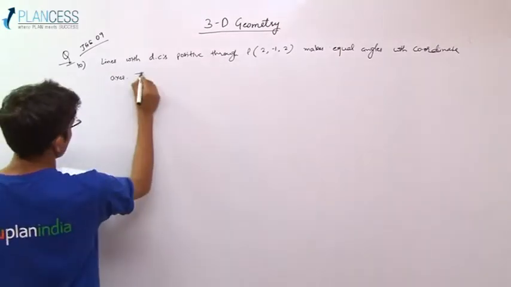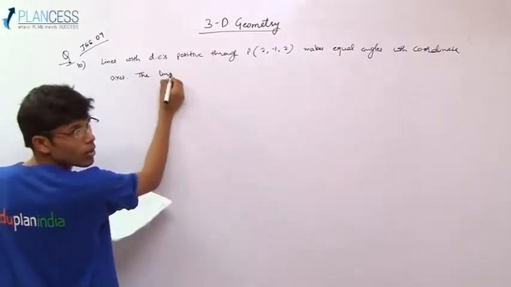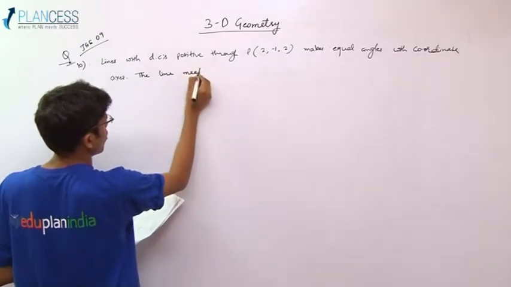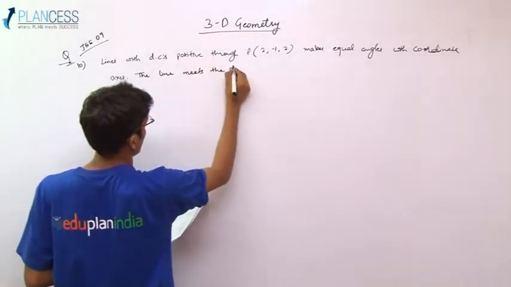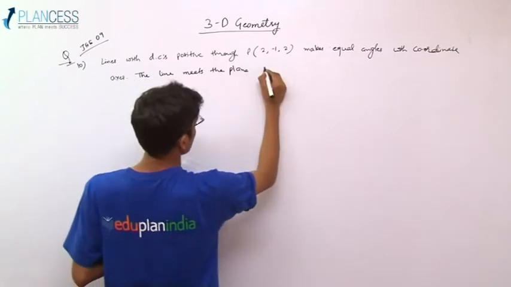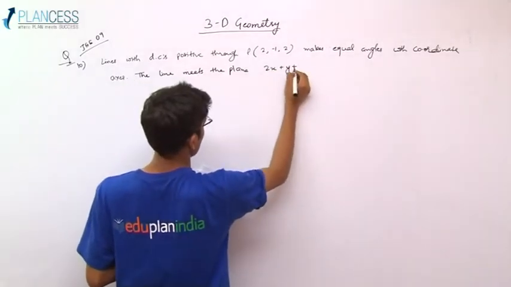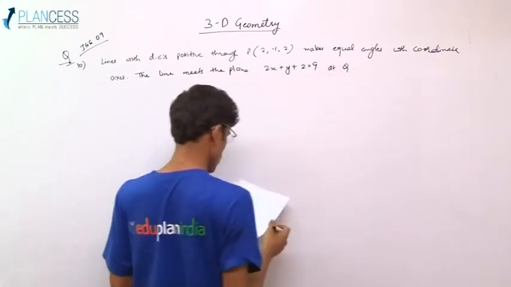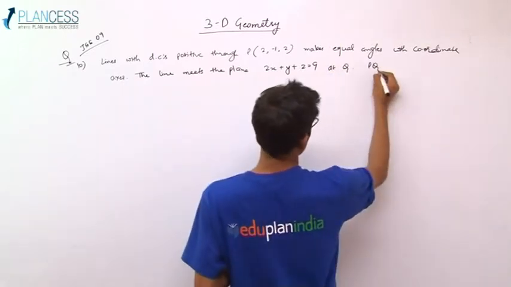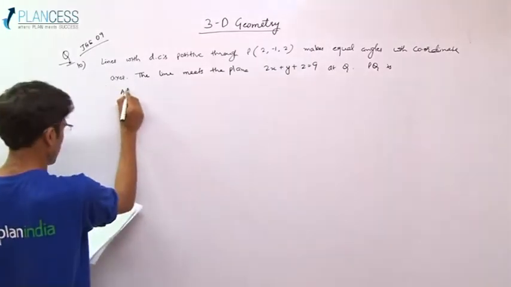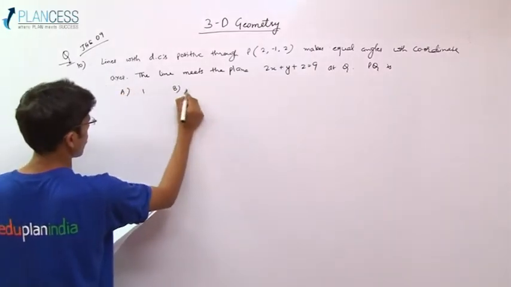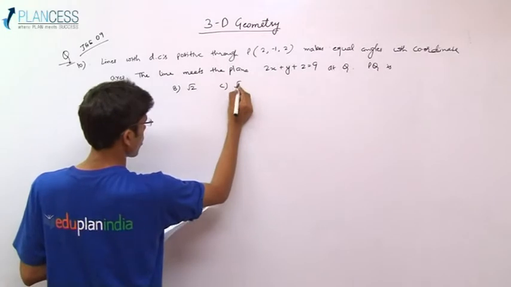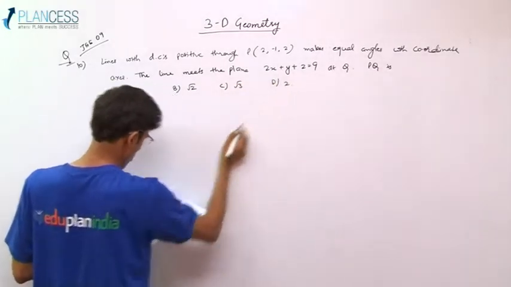The line meets the plane 2x plus y plus z equals 9 at Q. PQ is 1, root 2, root 3 and 2.